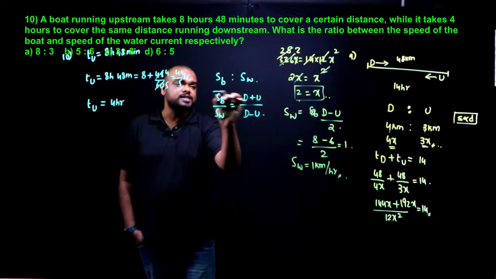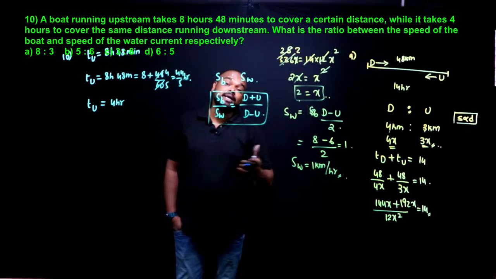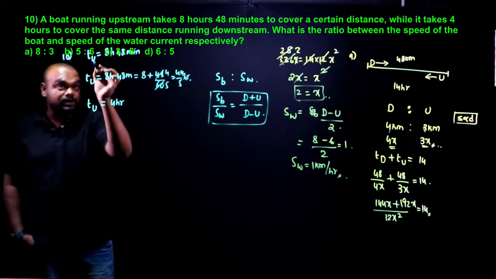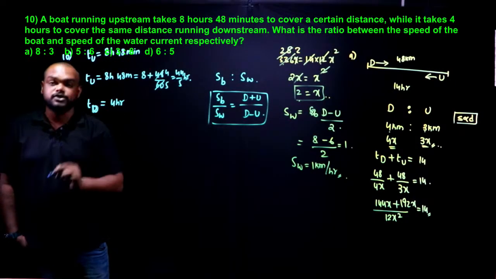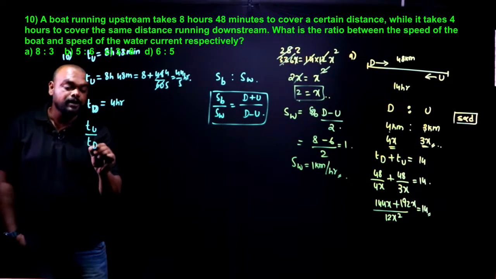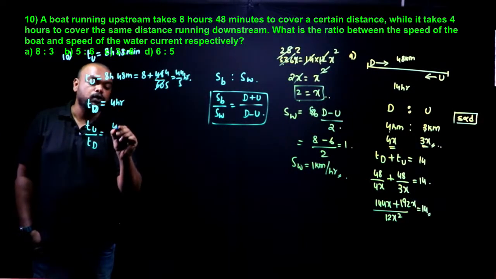The 2 gets cancelled and this is the formula. So I can use this directly here. But do we have D and U? No. But we have the time taken during upstream and the time taken during downstream. So if I take the ratio TU divided by TD, what is the TU value? 44 by 5.